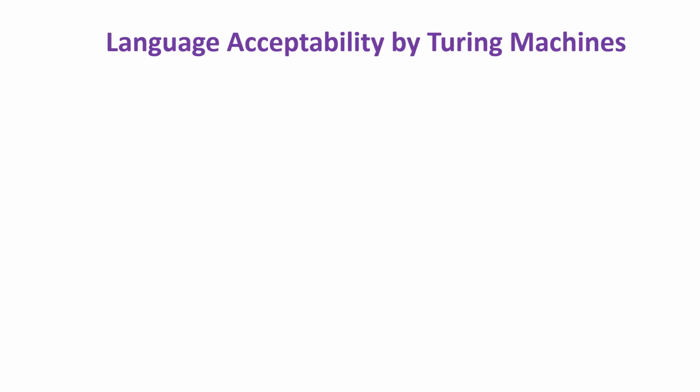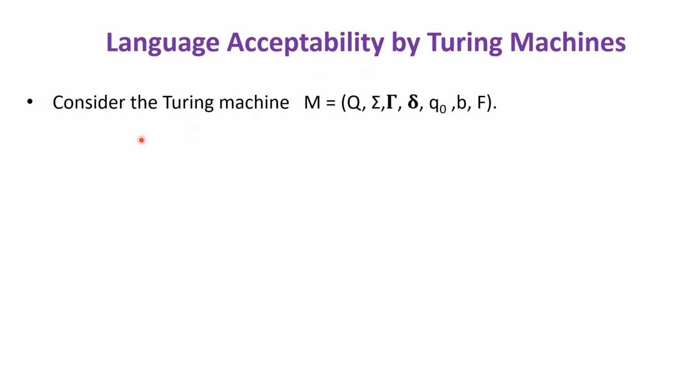When do we say that the language is acceptable by the Turing machine? Consider the Turing machine M = (Q, Σ, Γ, δ, q0, B, F).